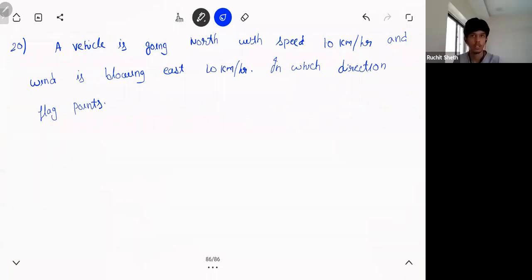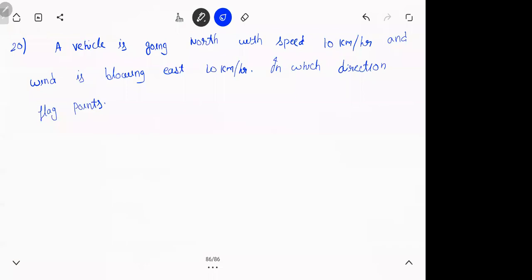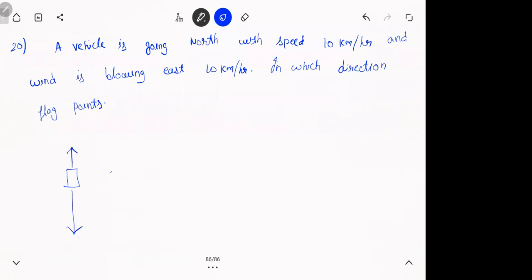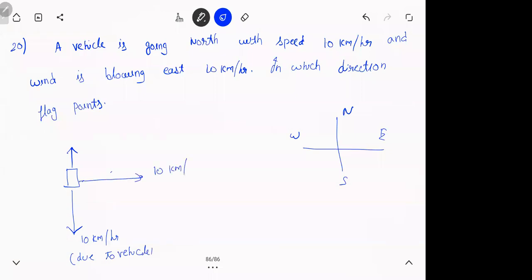So let's see what happens. How to do this thing. Now say the vehicle is going this way, the flag will point backward. That is 10 kilometers per hour, due to the vehicle. First, let's define north, west, east, south. If the vehicle goes north, the flag will point south. And this is due to the wind. So you have to take both the effects.